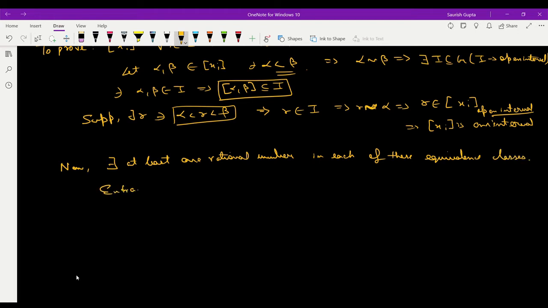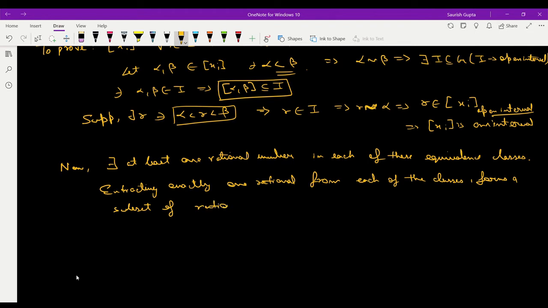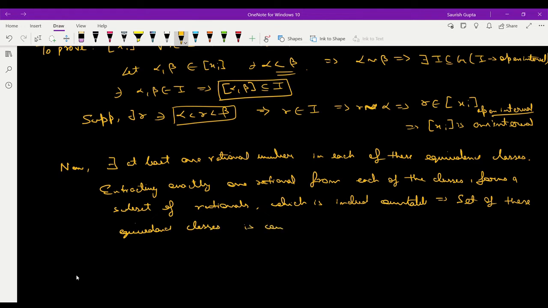Extracting exactly one rational number from each of the classes forms a subset of rationals, which is indeed countable, which implies the set of these equivalence classes, that is the family we are talking about, is countable. So we have thus proved the theorem. Is it clear? So is the theorem clear?